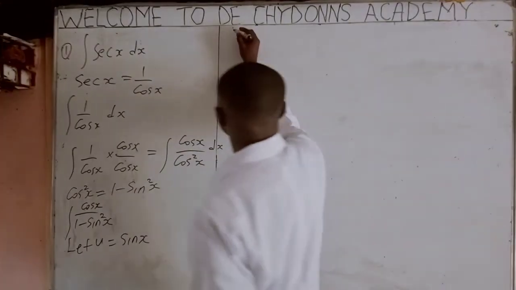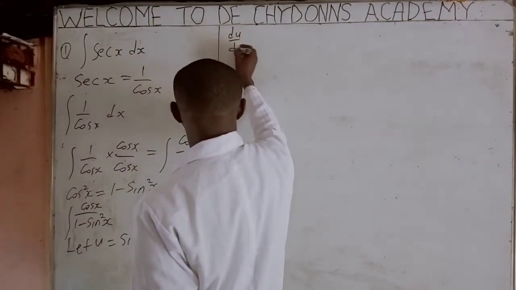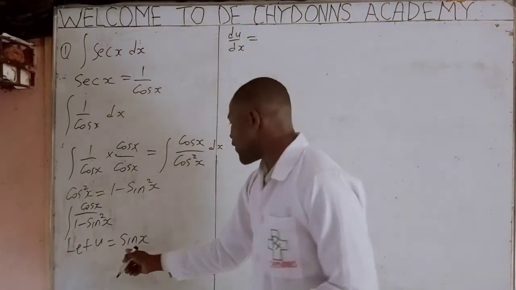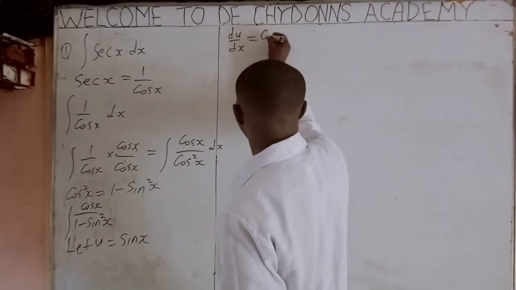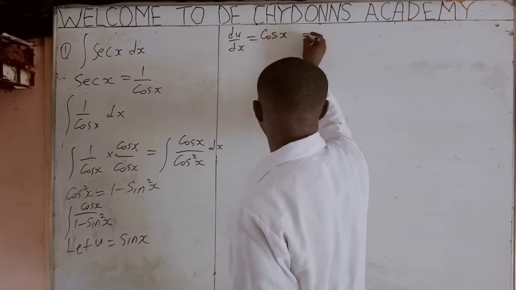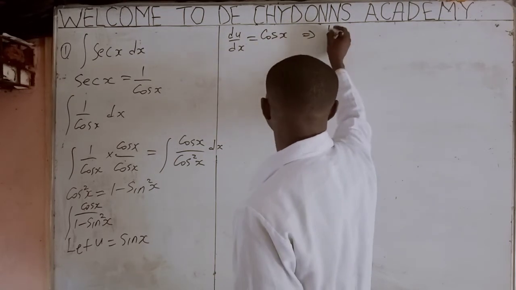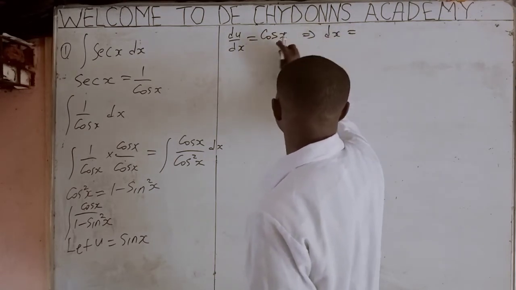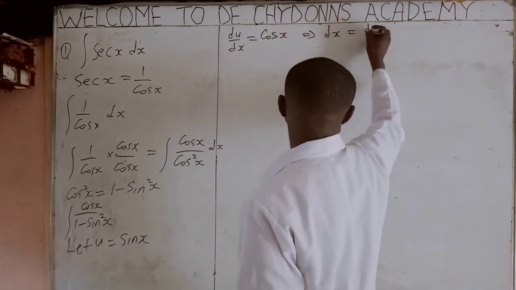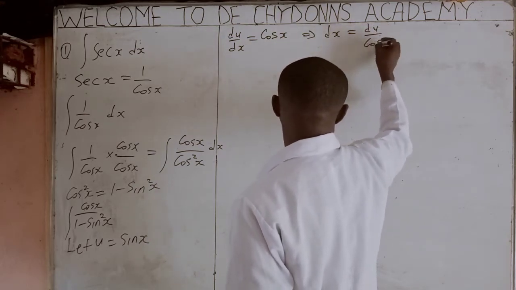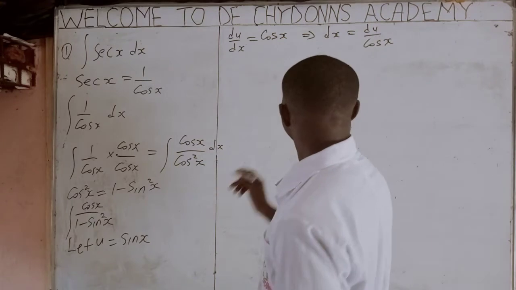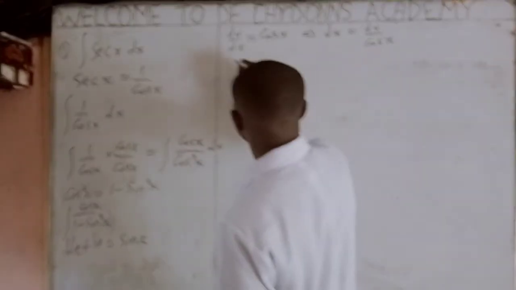Then du dx will be differentiate sine x, we have cos x. Therefore, if you make dx the subject of the formula, this cos x will come down: dx equals du over cos x.